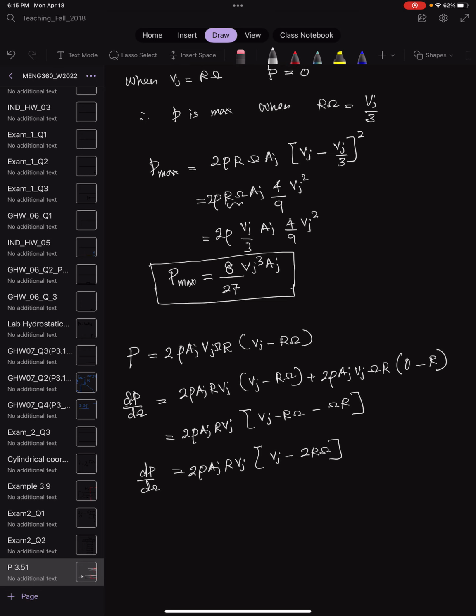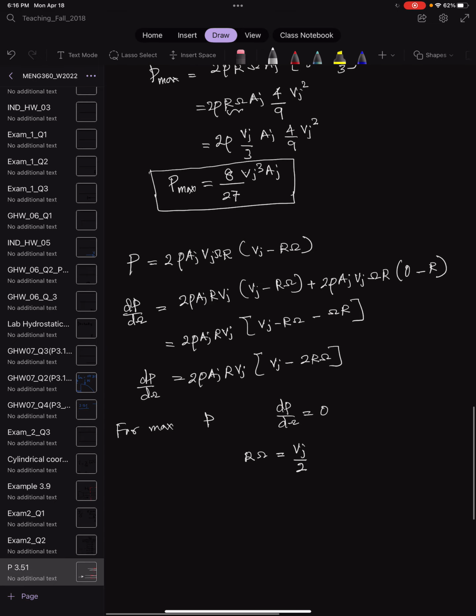So for max p, dp over d omega should be 0. So you get r omega equals vj over 2. So r omega is vj over 2.